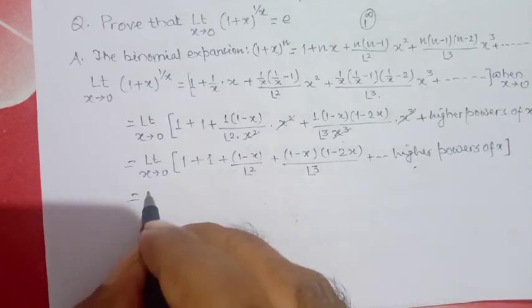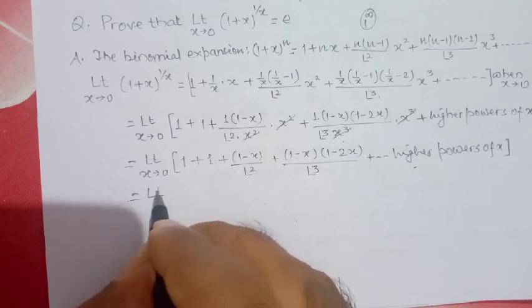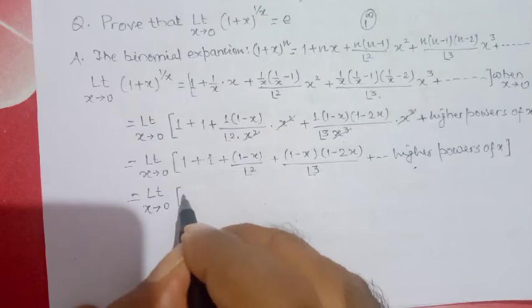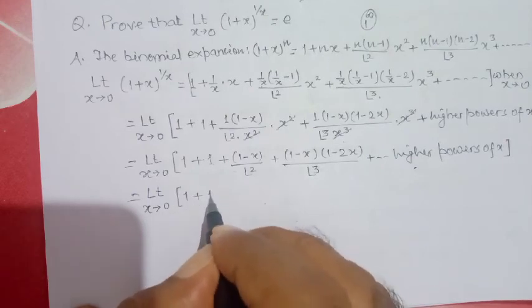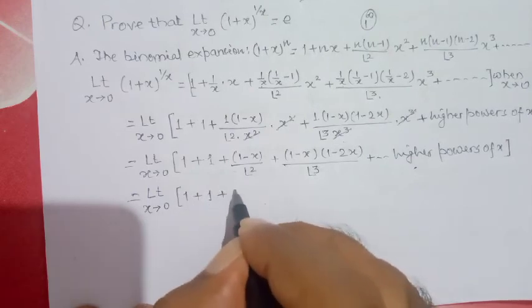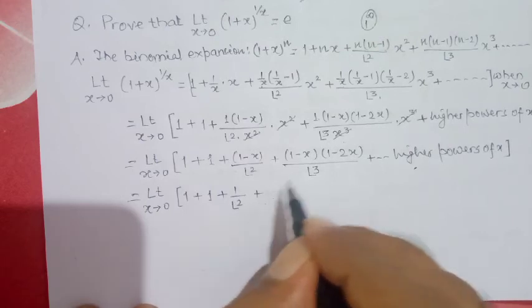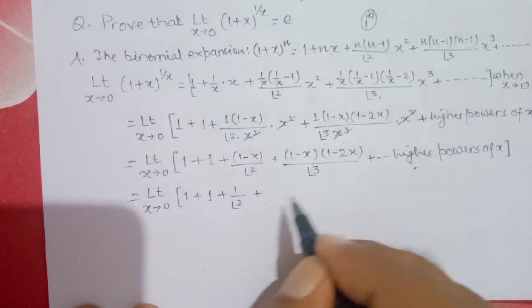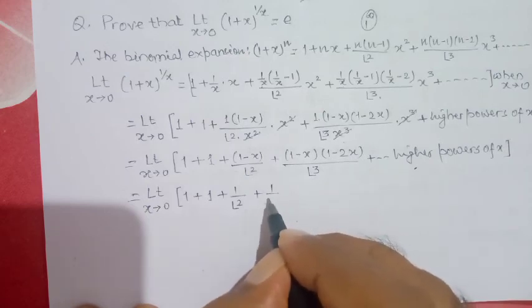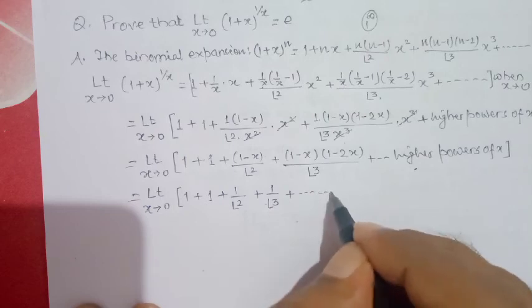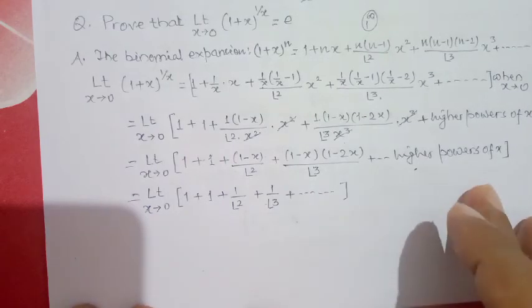So it should be written as limit x tending to 0, 1 plus 1 plus 1 by factorial 2 plus 1 by factorial 3 plus dot dot dot.